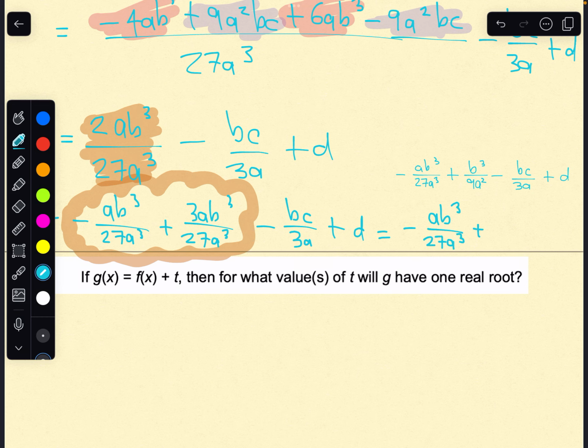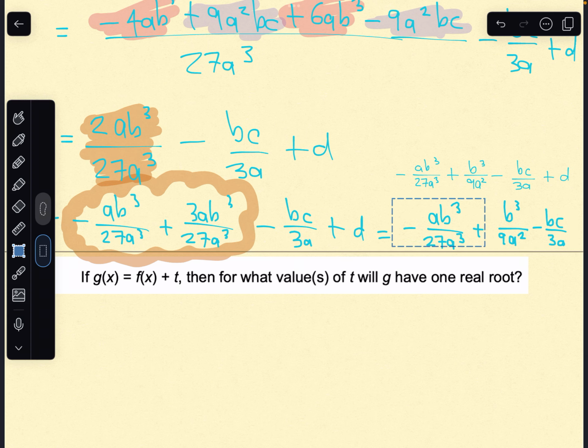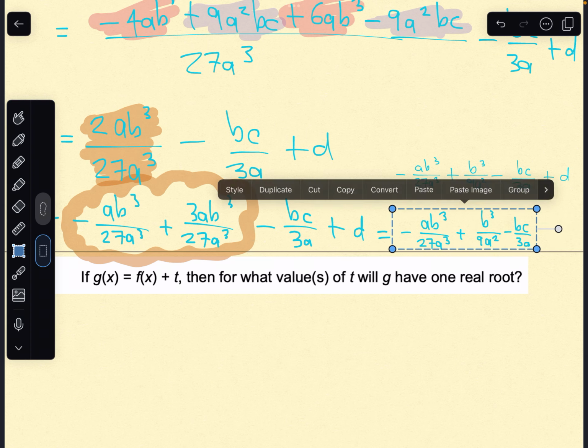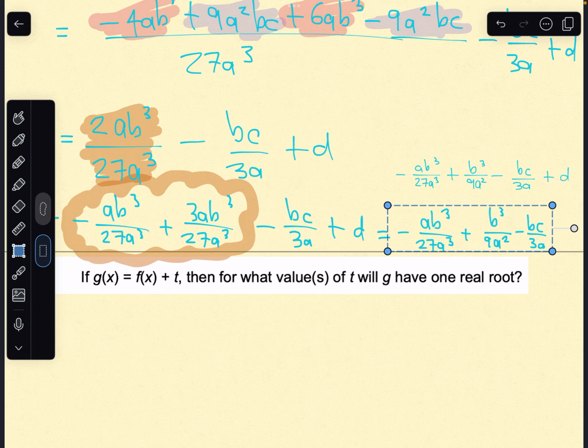Then here the 3 goes into the 27 9 times. The a's are going to cancel a bit, so now we're just left with 2 a's at the bottom. And up here we have, lo and behold, b cubed. Oh my gosh, get out. Oh wow, the beauty of it all.